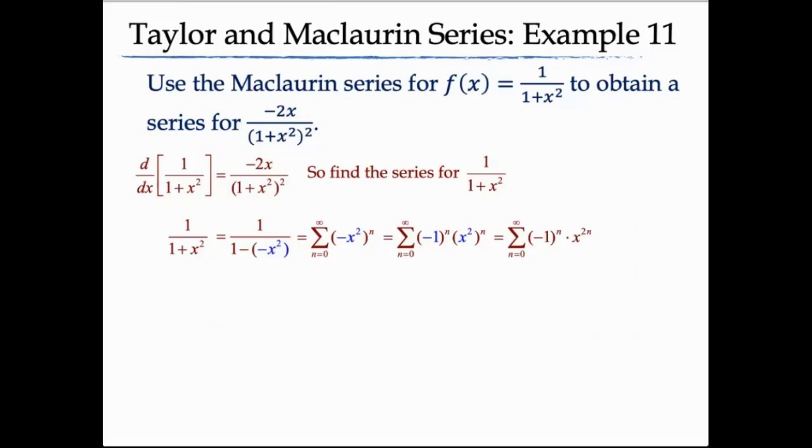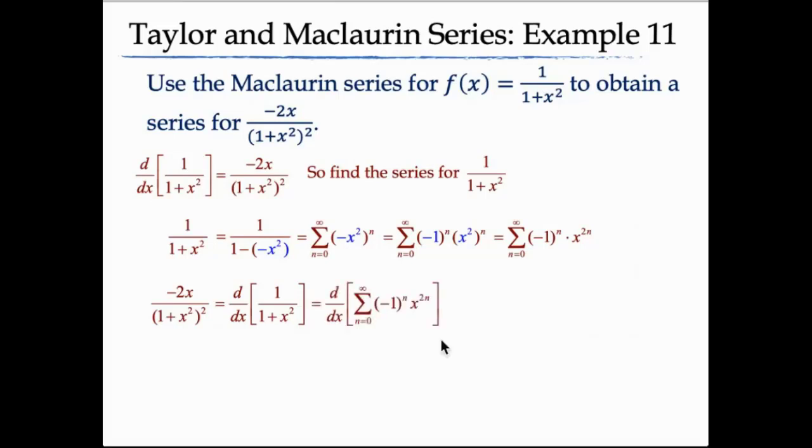Now that I have the series for 1 over 1 plus x squared, it's very easy for me to go from here to the series for this, because I know that this is the derivative of this original. That means the derivative of this series is equal to this. So this is equal to the derivative of 1 over 1 plus x squared, which is equal to the derivative of this series.